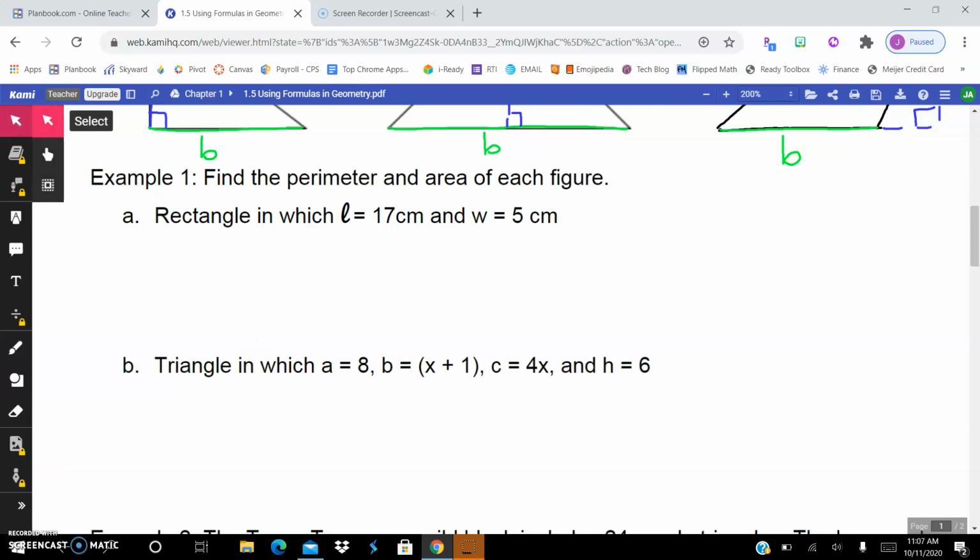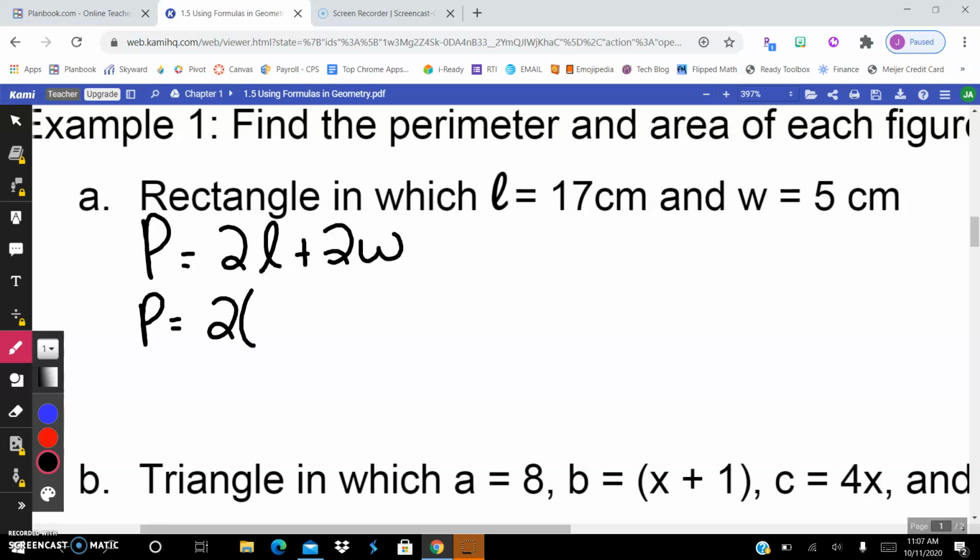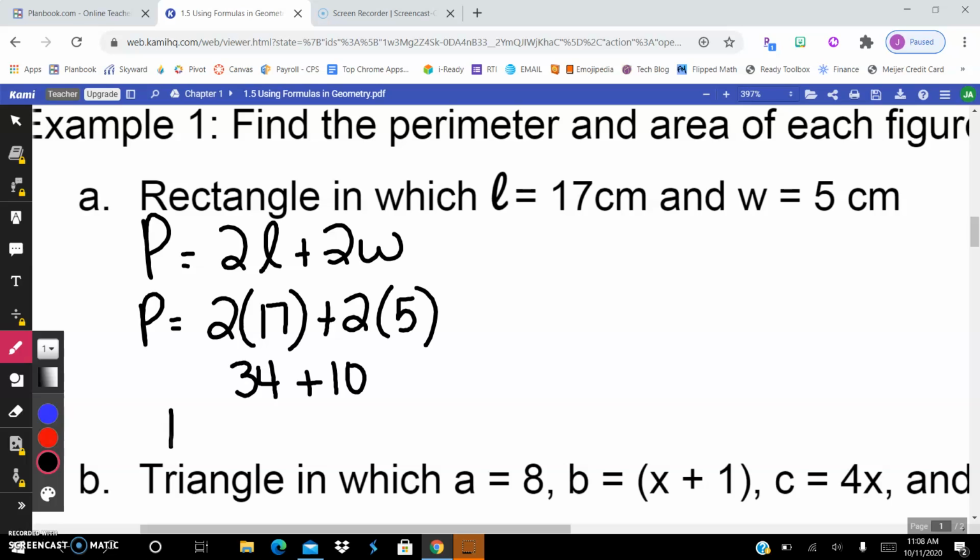For the perimeter, the formula is 2 times the length plus 2 times the W. So the perimeter here would be 2 times 17 plus 2 times 5. 2 17s would be 34 and 2 5s would be 10. So the perimeter here would be 44 centimeters. So around the edge of that rectangle would be 44 centimeters.